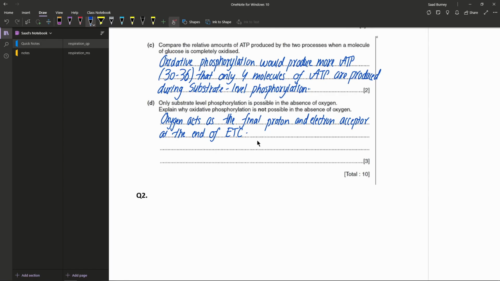And we also know that NADH is not oxidized in the absence of oxygen. And also, what else? What could be the third point?